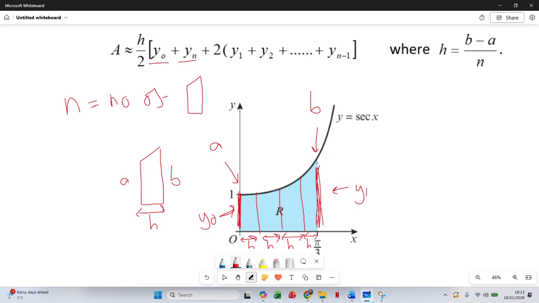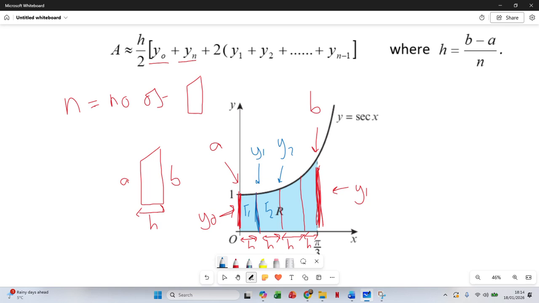It's because they are only part of one trapezium, the start trapezium and the final trapezium. Whereas with these lines here, say this is y1, this is y2, and so on, each line is part of two trapeziums. Say this is trapezium 1 and this is trapezium 2. y1 is part of trapezium 1 and trapezium 2.